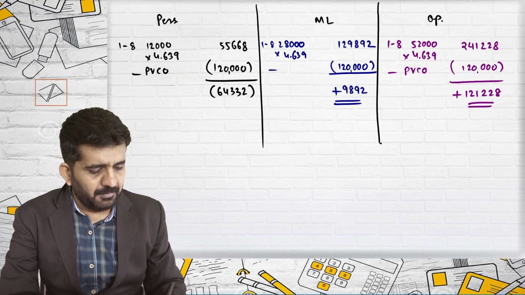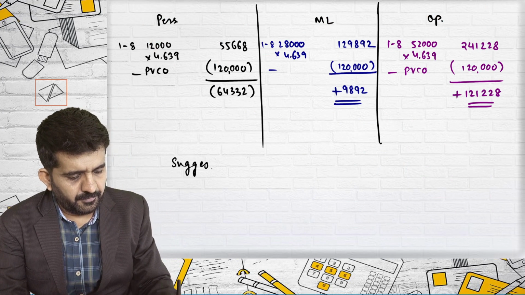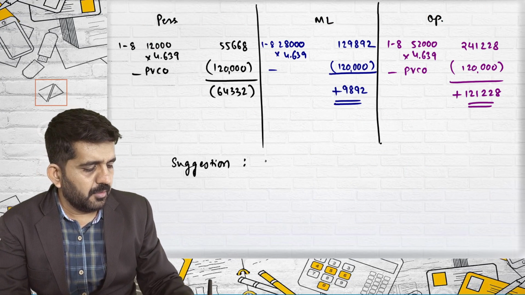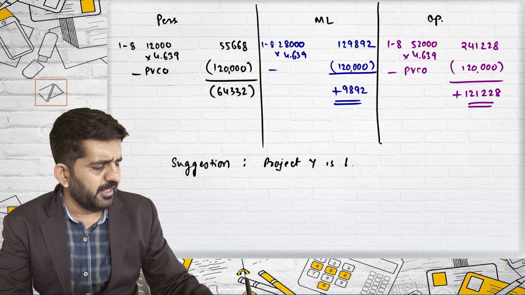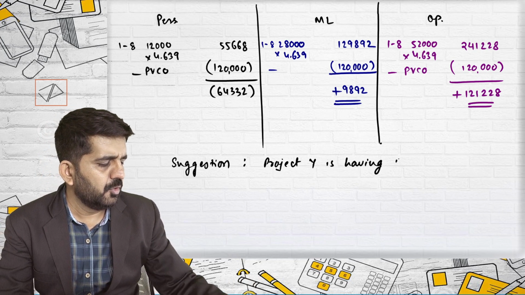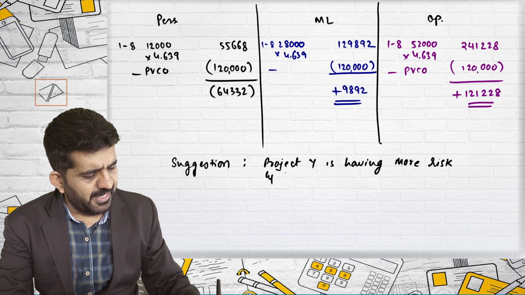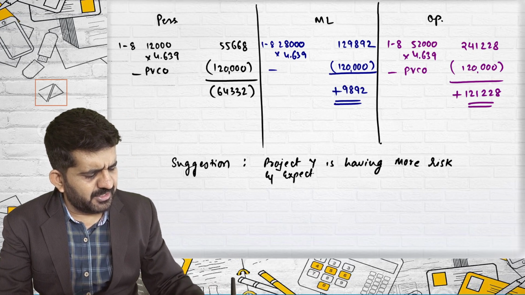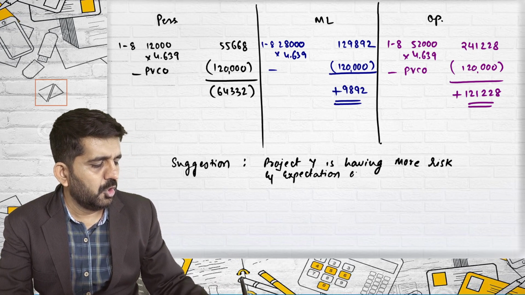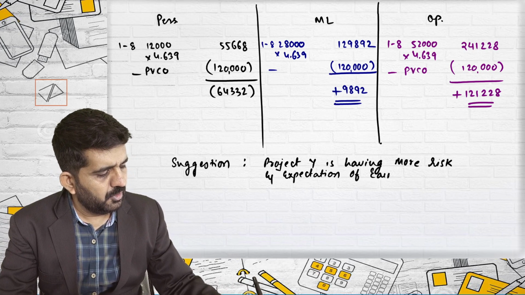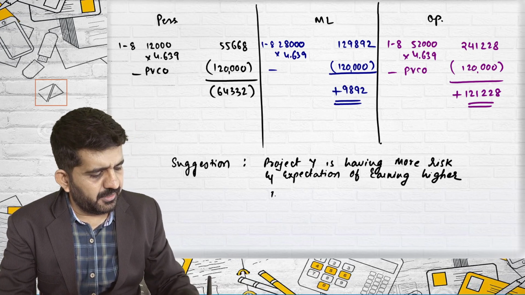Is it all right? In my suggestions to management, project Y is having more risk and expectation of earning higher NPV.